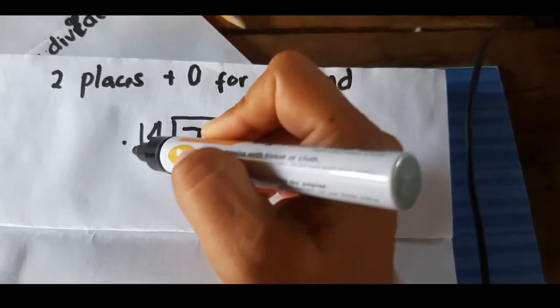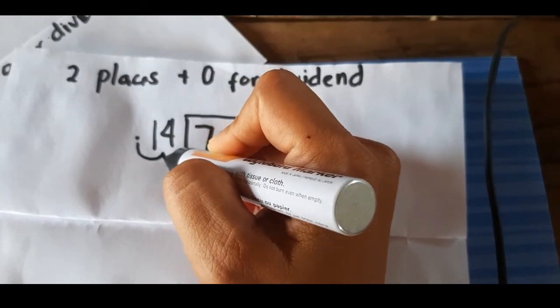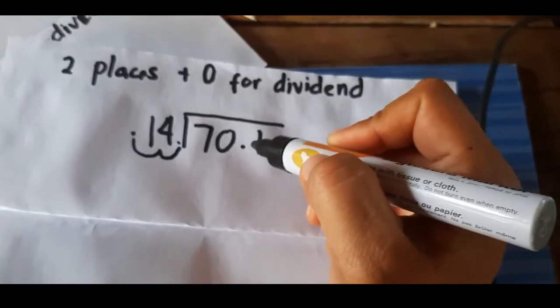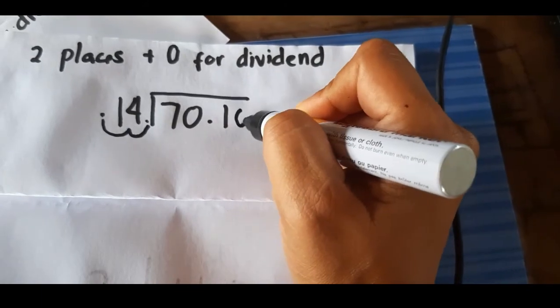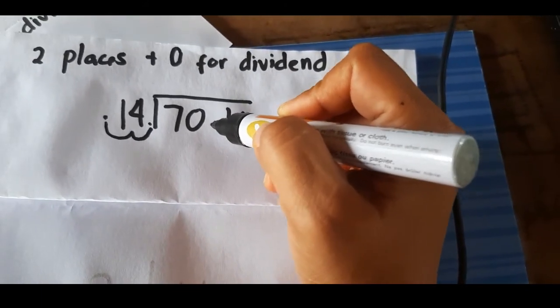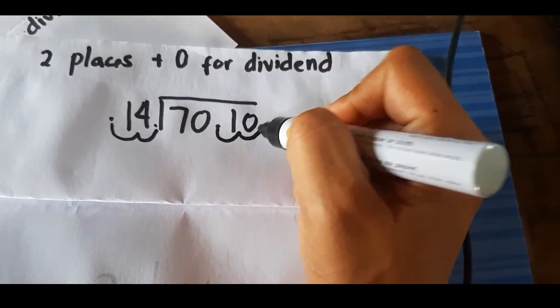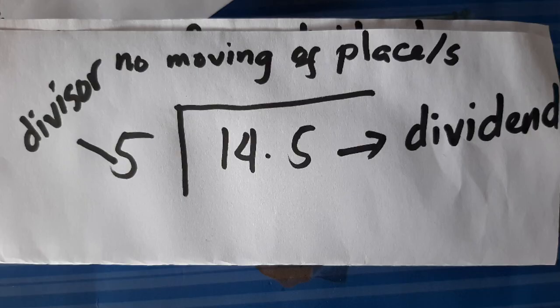If the divisor has to move 2 places to the right and the dividend has 1 place, you need to add 0 just to have 2 places to move to the right. But when the divisor is already a whole number, there's no moving of places even for the dividend.